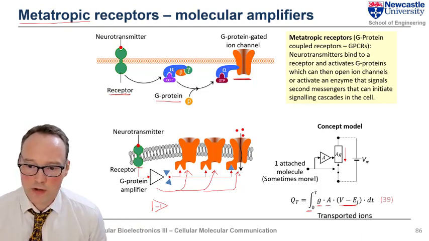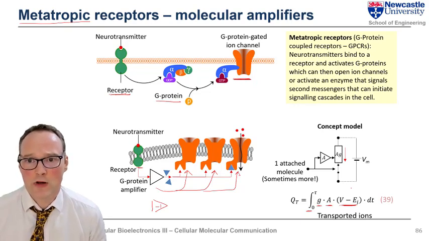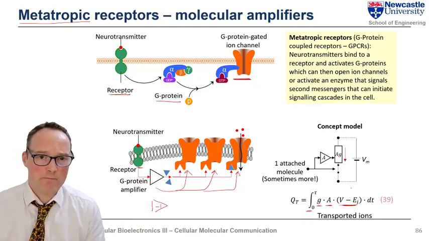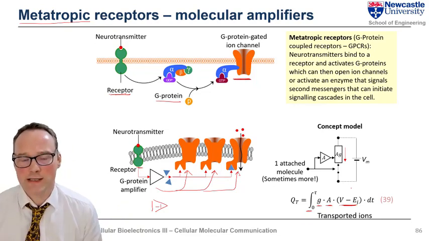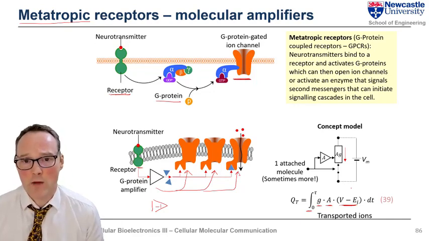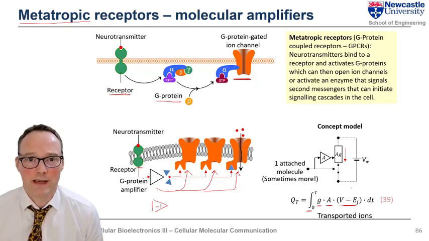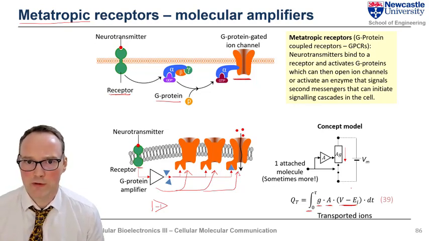But now you've got your amplification, whatever that amplification factor is. So it's somewhat different to the ionotropic case. It's slower, but you can have a much greater sensitivity. And the light sensors in our eyes operate on this principle so that individual photons can effectively be seen by the human eye, which is quite incredible.